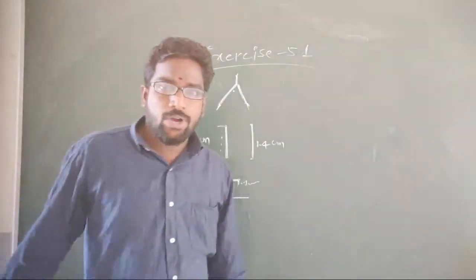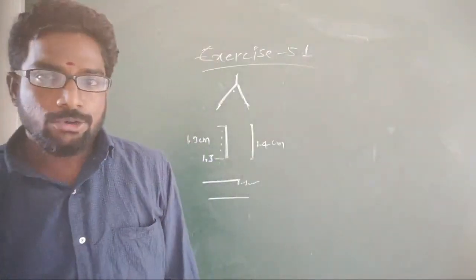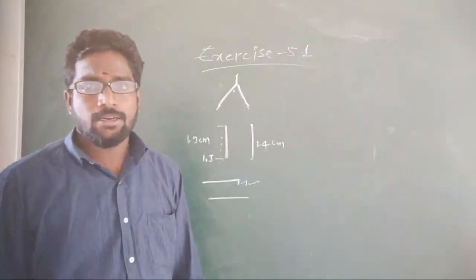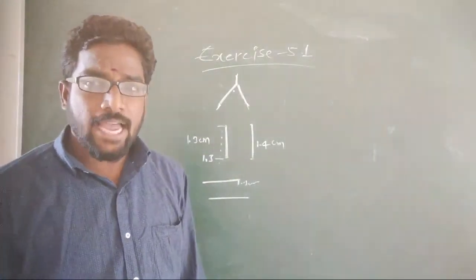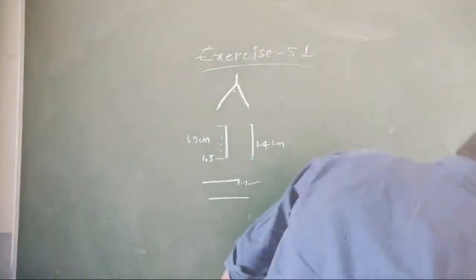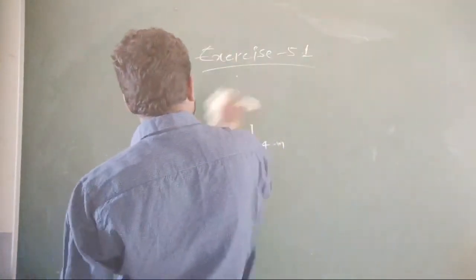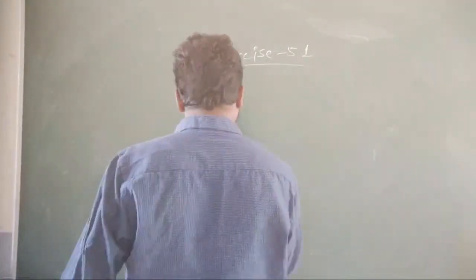By using a divider, we can calculate the exact length of a given line segment. There is a ruler. I will write the answer here.